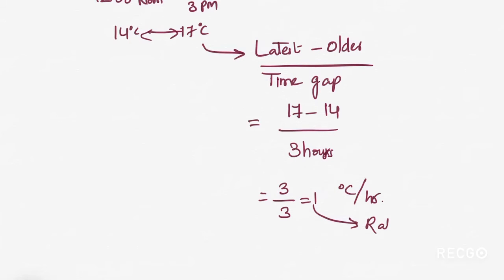This is also a rational number because it is 3 by 3 and both are integers. It means one is a whole number, one is a natural number, one is an integer, and one is also a rational number. Now we will get a clear picture.